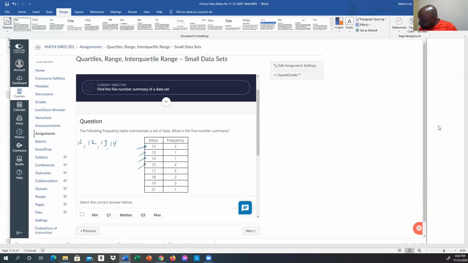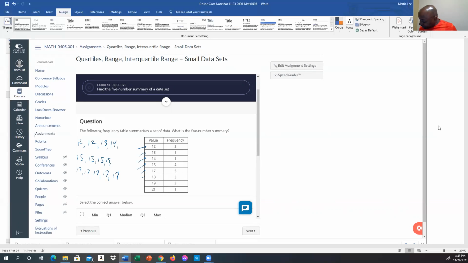The value 15, you have to write that 4 times. 1, 2, 3, 4. The value 17, you need to write that 5 times. 1, 2, 3, 4, 5.